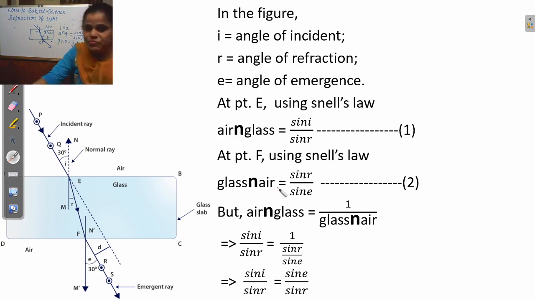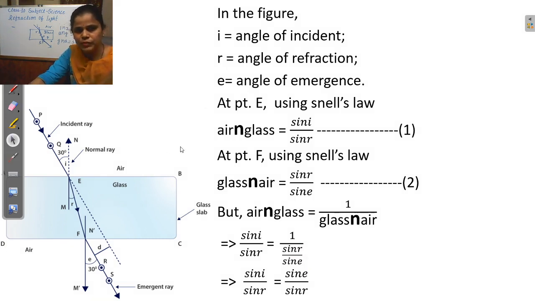That means what is the value of AG? The refractive index of glass with respect to air is, from equation number 1, sin I upon sin R, which is equal to 1 upon the value from equation number 2, sin R upon sin E. So write down here sin R upon sin E. Then solve it. Here sin E is on the numerator and sin R is on the denominator.